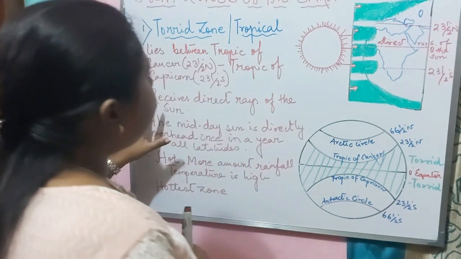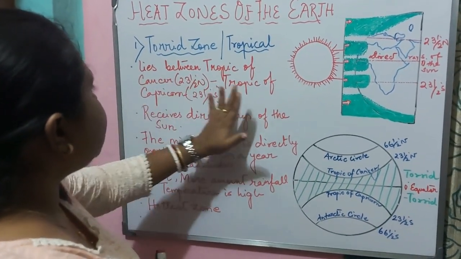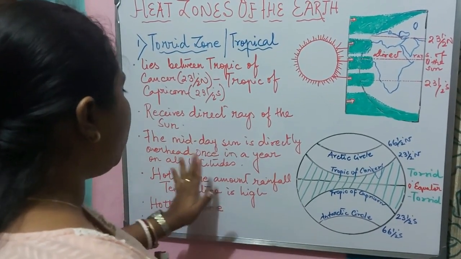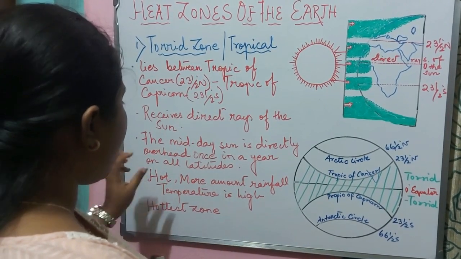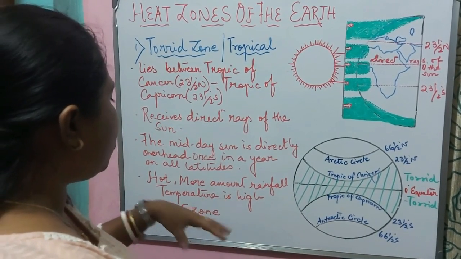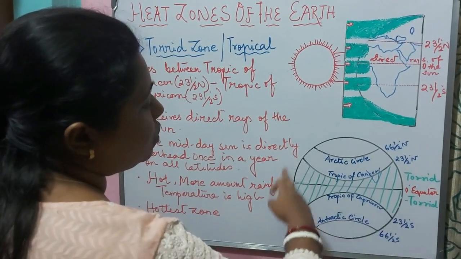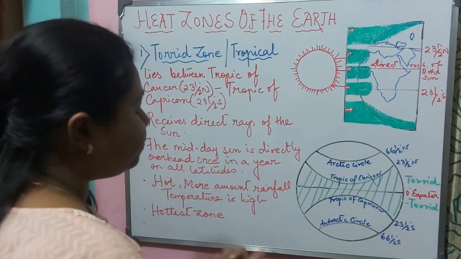So what we learned about the torrid zone is that it lies between Tropic of Cancer and Tropic of Capricorn, and receives direct rays of the sun. The midday sun is directly overhead once in a year on all latitudes. How is the climatic condition there? Hot, more amount of rainfall, temperature is quite high. We call it the hottest zone. That is, this zone is referred to as the hottest zone of the earth.